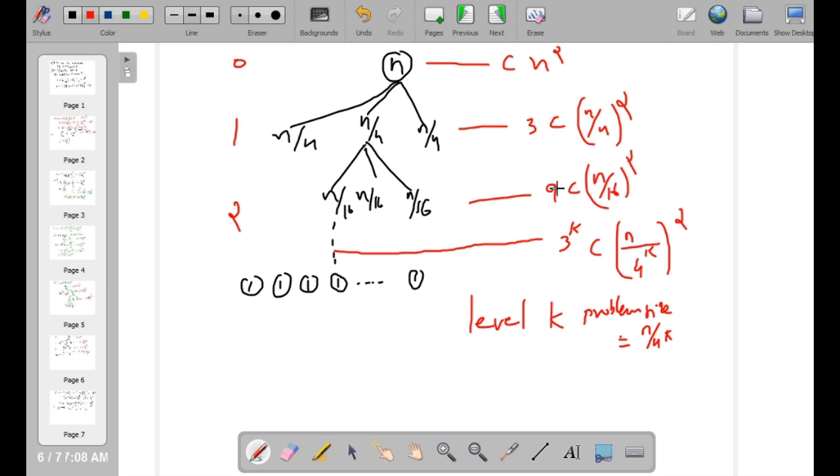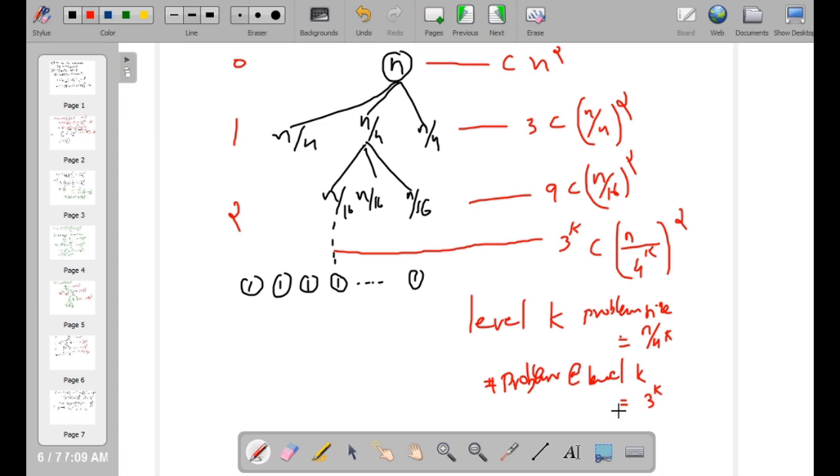It is 3 raised to 2, 9 problems, isn't it? Each n by 4 is split into 3 n by 16 problems. So in general 3 raised to k. So the number of problems at level k is equal to 3 raised to k.